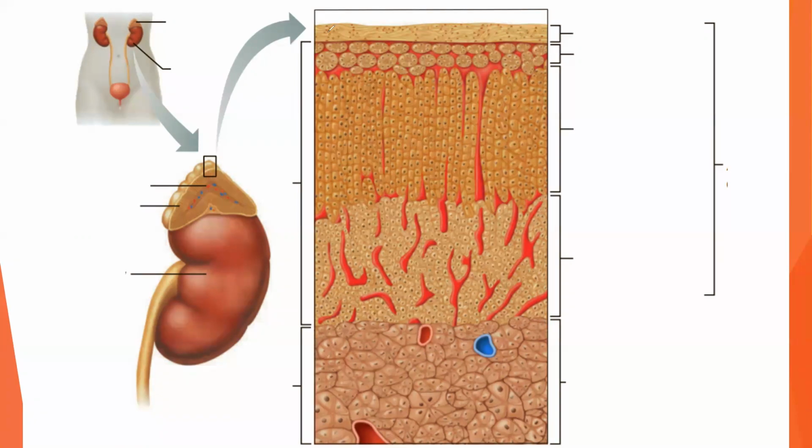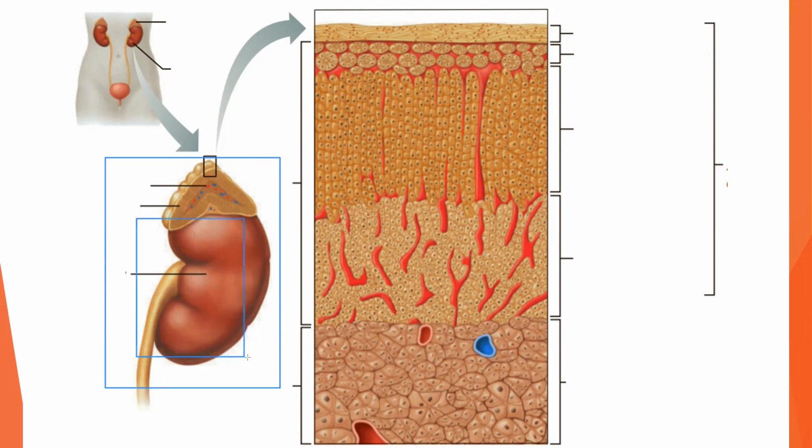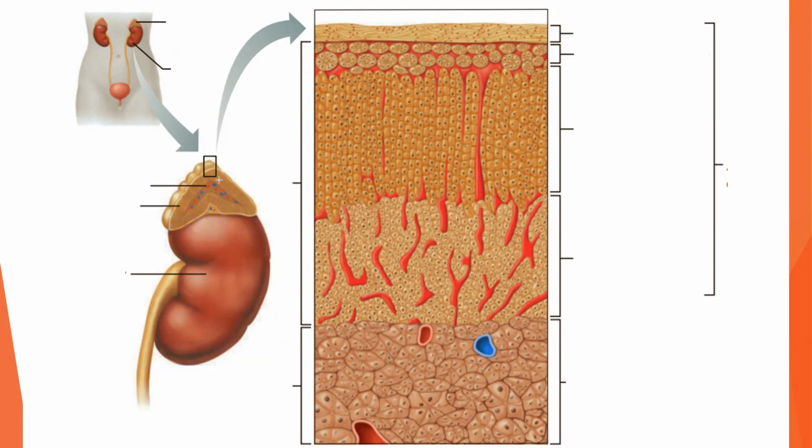Okay, so your kidney, and then it's zoomed in to this area here. So we have your kidney, and then we have your adrenal gland. Sitting on top of your kidney is your adrenal gland.